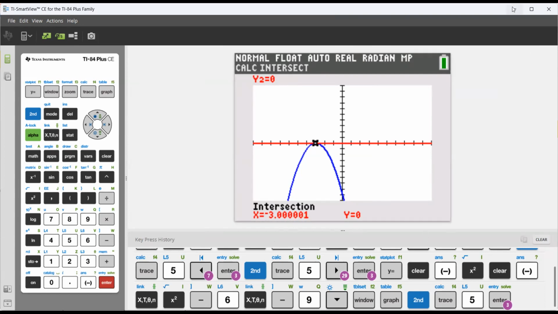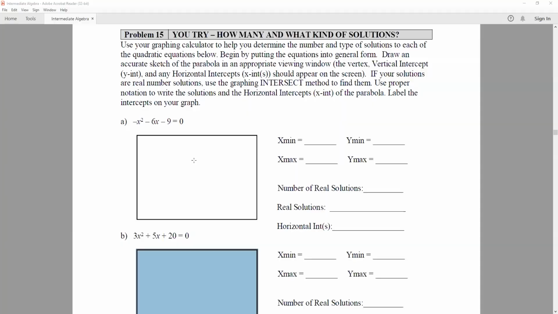And then we go back to the workbook. So you have to sketch and label the graph.